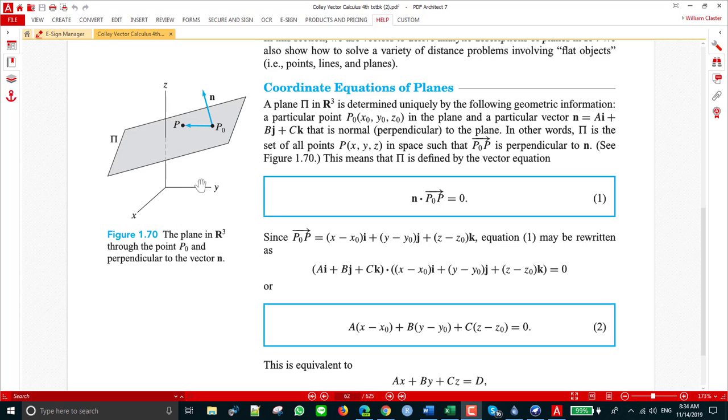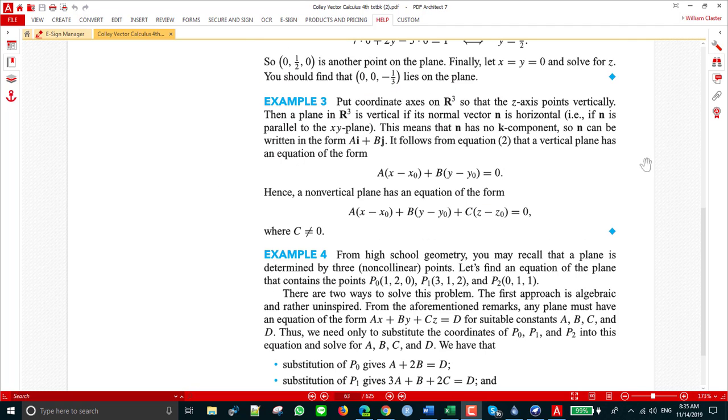So maybe here's the xyz plane. If we're talking about a vertical plane that goes up and down, then its normal vector is this way, which is parallel to this plane. Therefore, its normal vector has no k component. So its normal vector can be written in this form, ai plus bj.